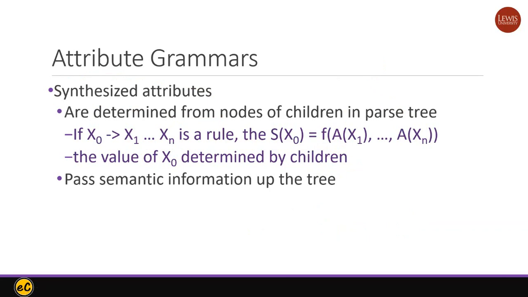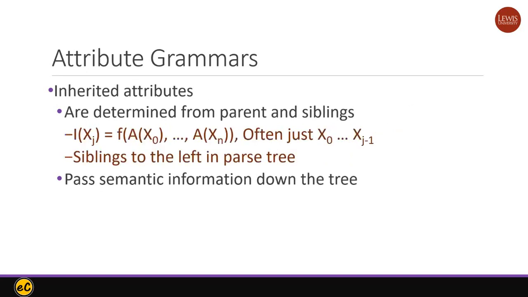Now let's look at the inherited attribute. The attribute of some term is determined by the value of itself, the value of its parent and siblings. So the sibling is to the left of the tree.